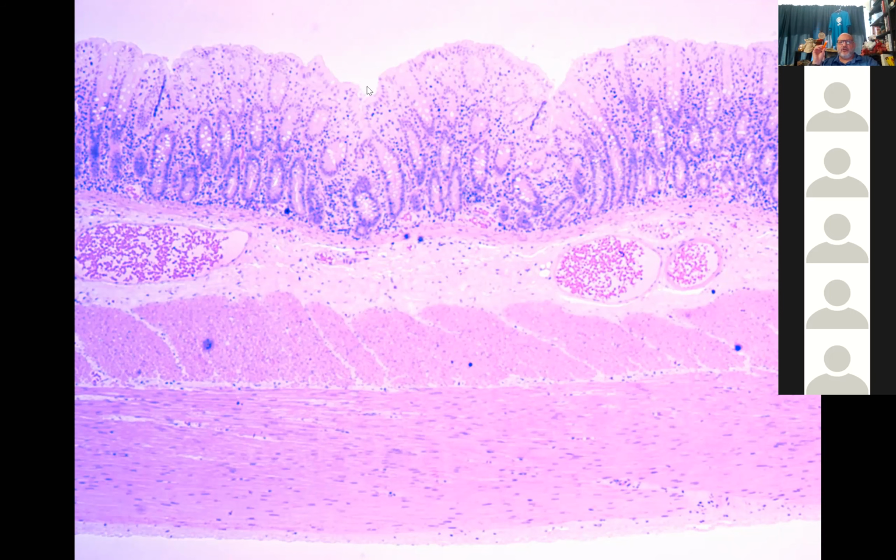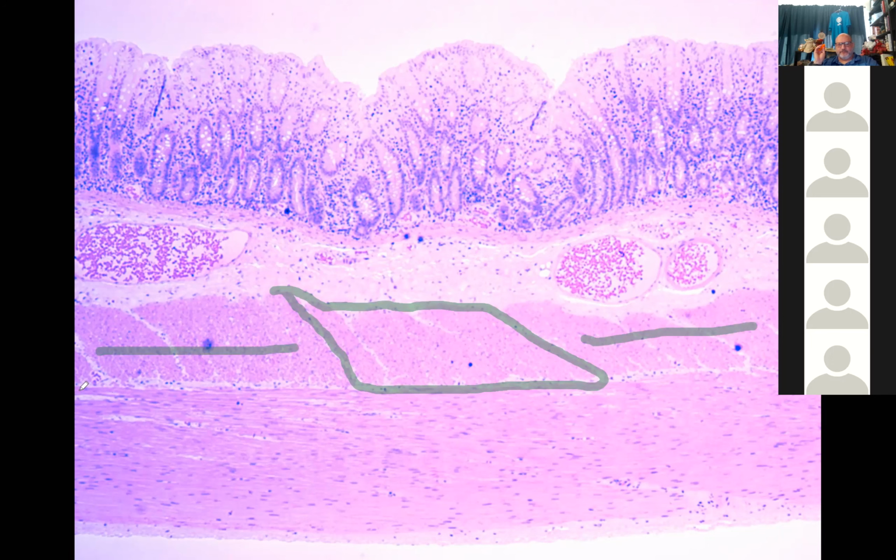Yep, absolutely. So here, let's use the highlighter so we can see it more clearly. These bands of muscle right here is the circular layer. So all of this, not just what I highlighted, but all of this is the circular layer. And all of this is the longitudinal layer.